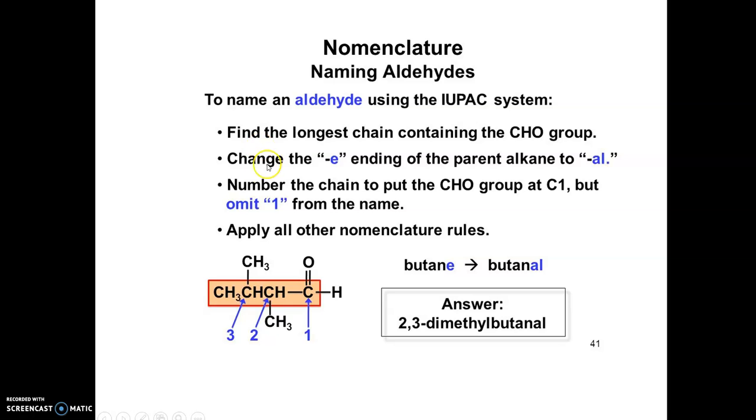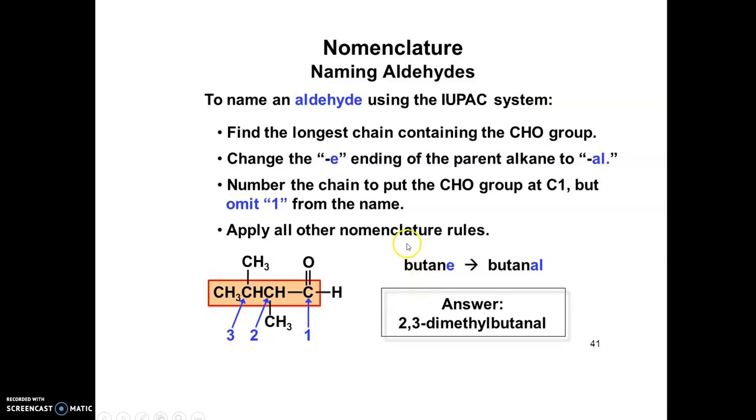Then the aldehyde is named as the derivative of the corresponding hydrocarbon. For example, here we have 1, 2, 3, 4. So we have 4 carbon atoms, so the parent hydrocarbon will be butane. If I have 5, I call it pentane, and 6 hexane, and so on.